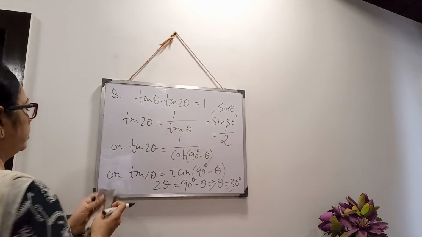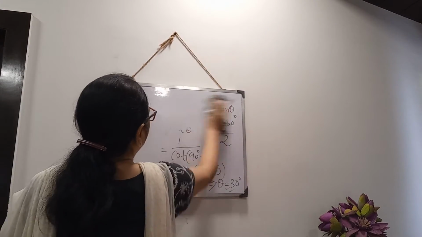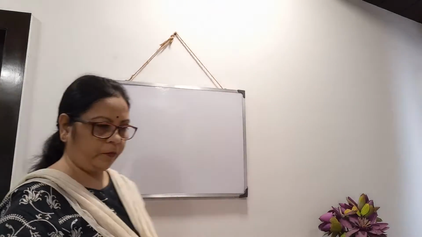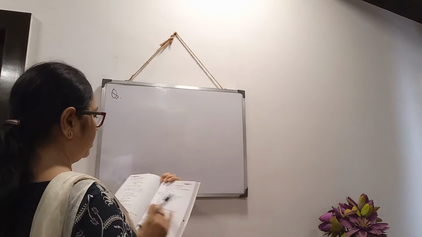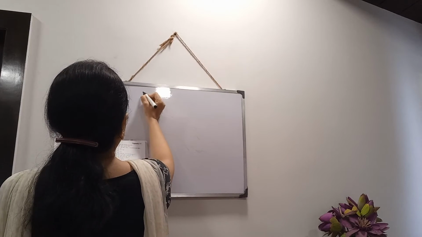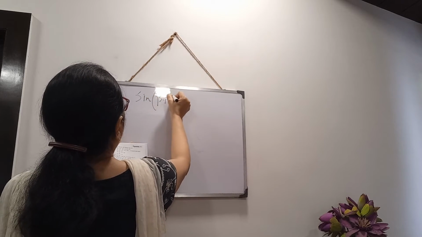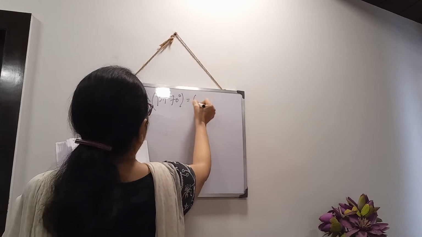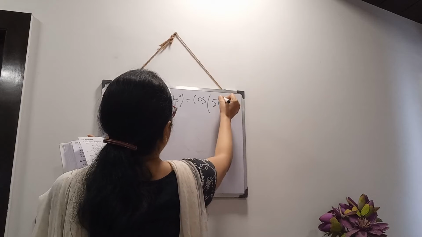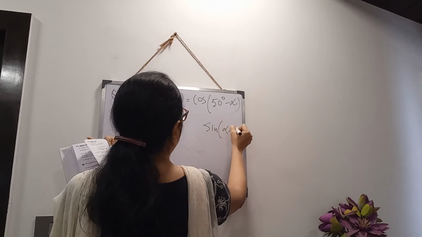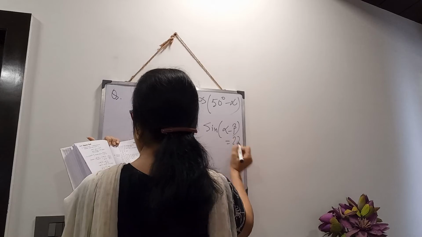Then this one. If the sum is this type, that is sin (beta plus 70 degree) equals cos (50 degree minus alpha), then your question is to find the value of sin (alpha minus beta).